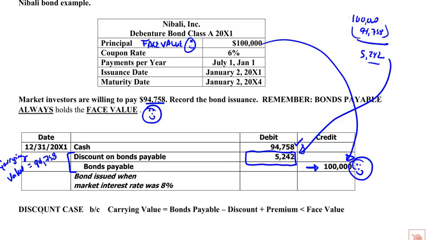It will change subsequently to that. We'll get to that in a second. All right. So carrying value equals bonds payable minus a discount, if one. You could also have a premium case.